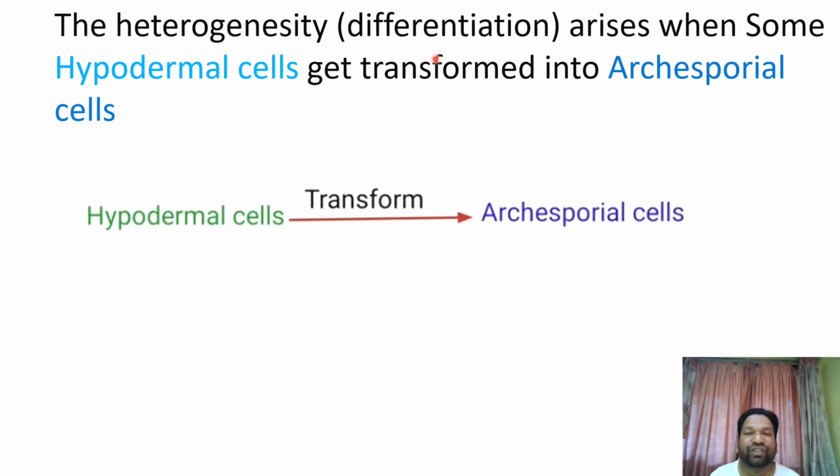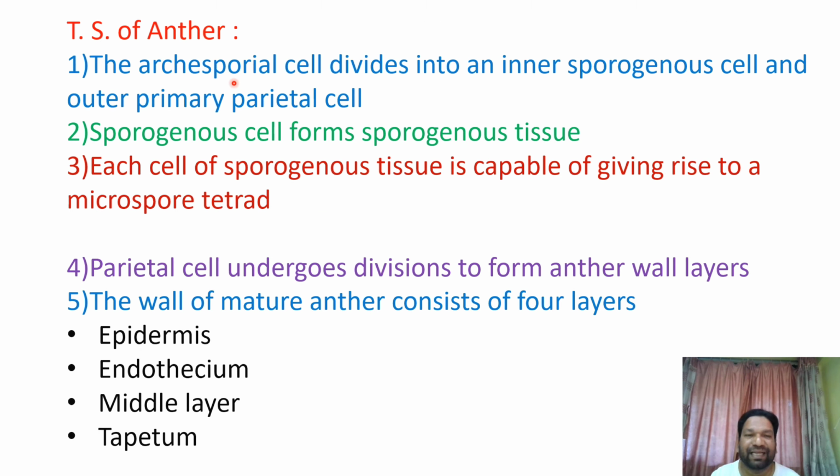Now the differentiation arises when hypodermal cells get transformed into archesporial cells. So you can see here, in the anther, a hypodermal cell gets transformed into an archesporial cell. The archesporial cell further divides into inner sporogenous cell and outer primary parietal cell.